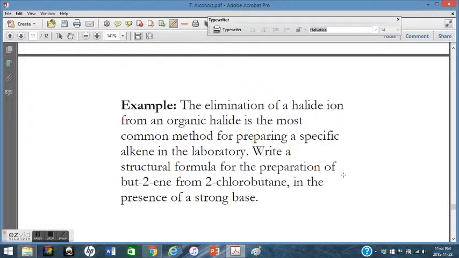So, example: the elimination of a halide ion from an organic halide is the most common method for preparing a specific alkene in the lab. Write a structural formula for the preparation of but-2-ene from 2-chlorobutane in the presence of a strong base.